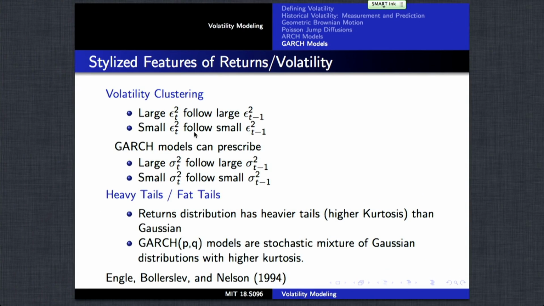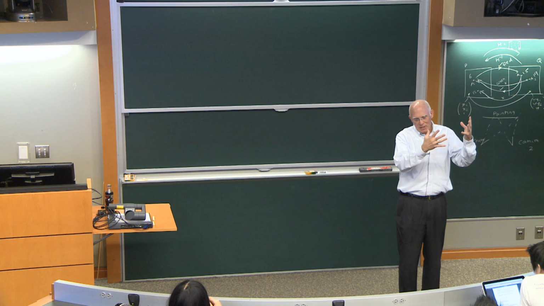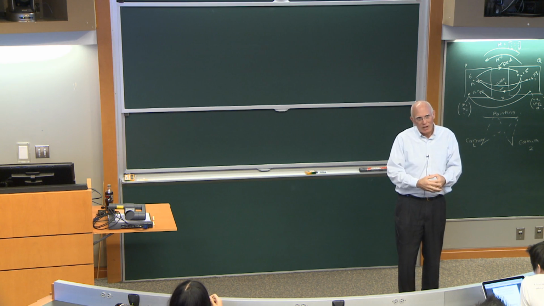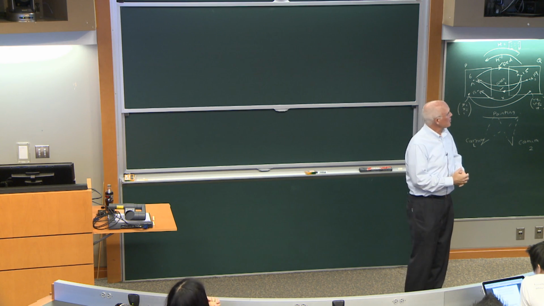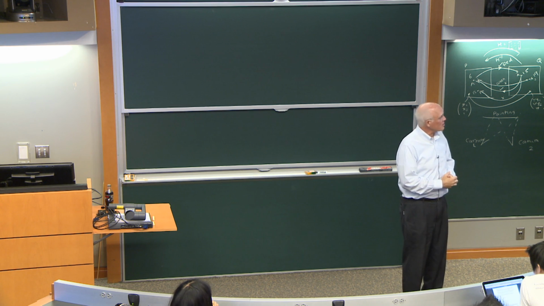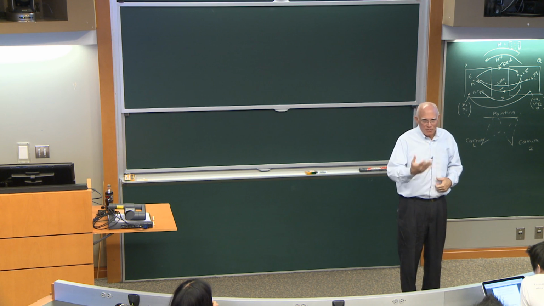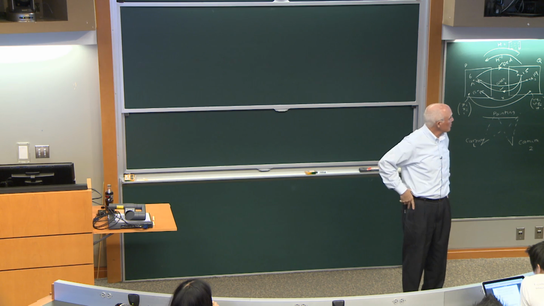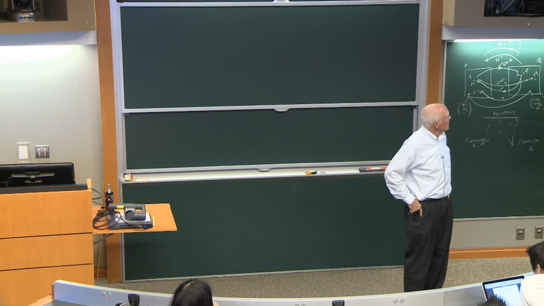Volatility clustering is where over time you expect volatility to be high during some periods and to be low during other periods. And the GARCH model can accommodate that. So large volatilities tend to be followed by large, small volatilities tend to be followed by small ones.